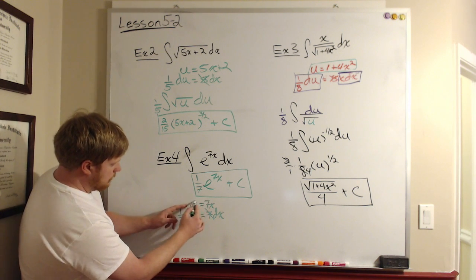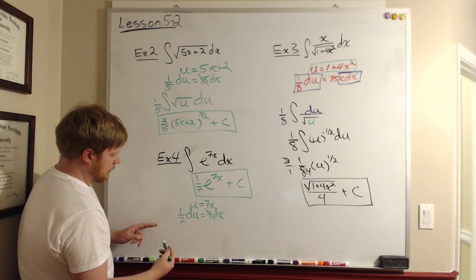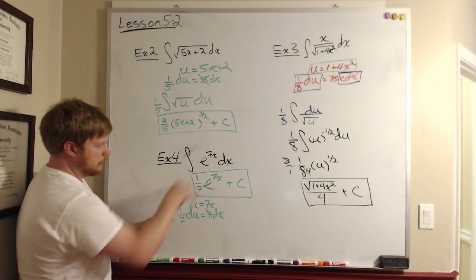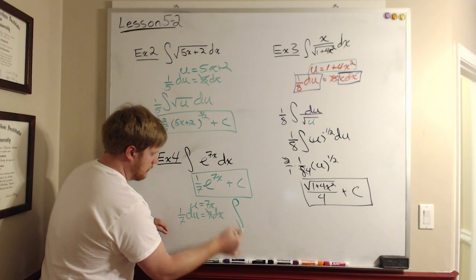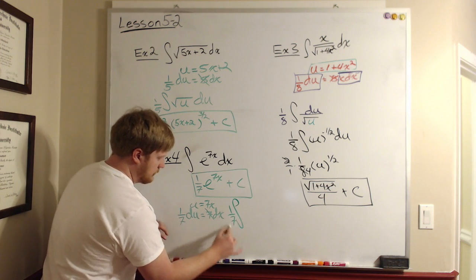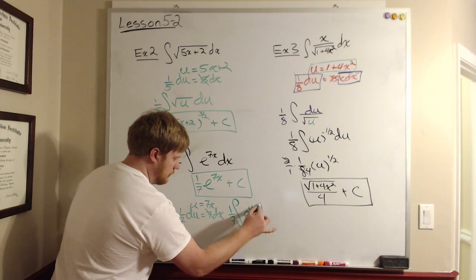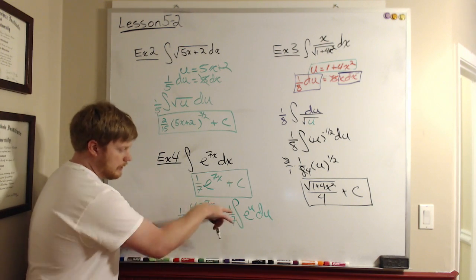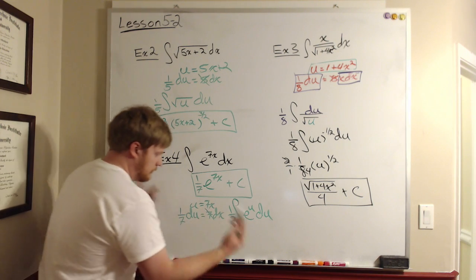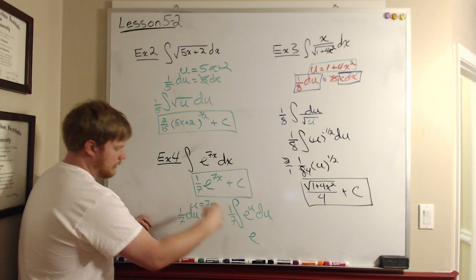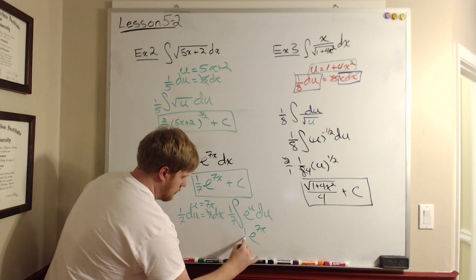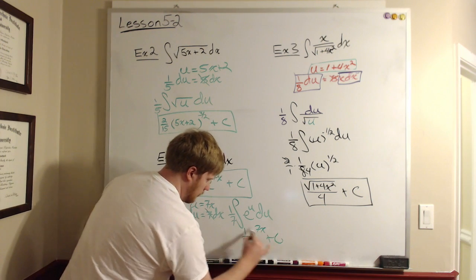I'm going to substitute u for 7x and 1/7 du for dx. So I really have 1/7 times the integral of e to the u du. And the integral of e to the u is e to the u, but u was 7x. Don't forget the 1/7.